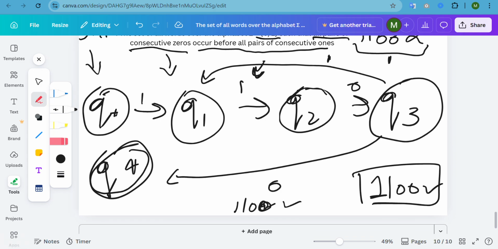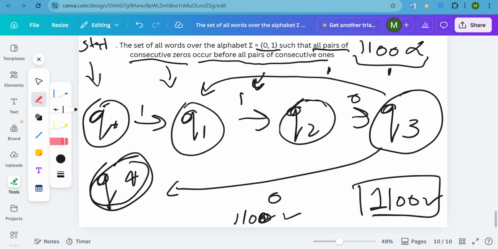And why I'm doing it, I want to clear some concept. So 1, 1, 0, 0. But in this case, 1, 1, this needs to read a 1 somewhere. And when it reads a 1, it needs to read another 1. This makes perfect sense. 1, 1, 0, 0. And it's accepted. Where does this go if it reads a 0?